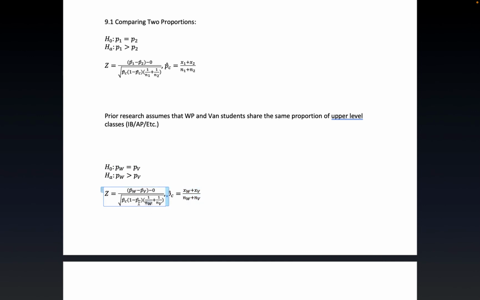And this looks a little bit interesting, the way it's 1 divided by n of Westport, 1 divided by n of Vanguard. But really, this is just mathematicians being lazy, because if I cut this around and move it a little bit, this is really what that formula looks like. It really, in actuality, has both fractions they're multiplying.